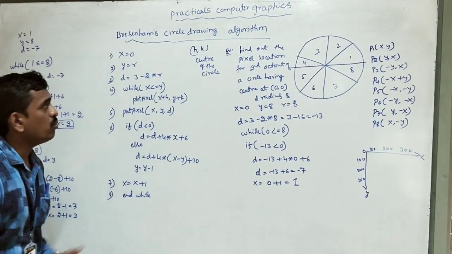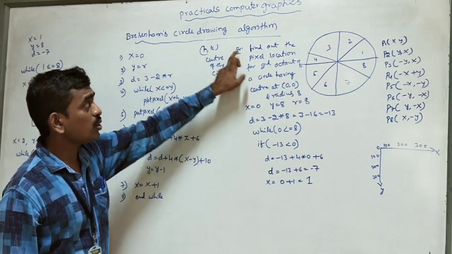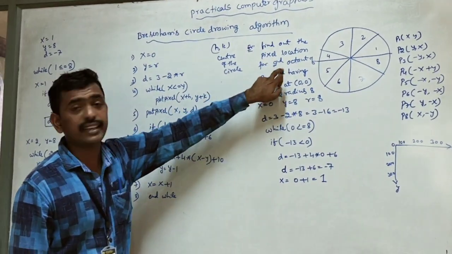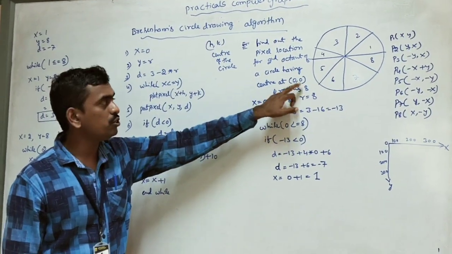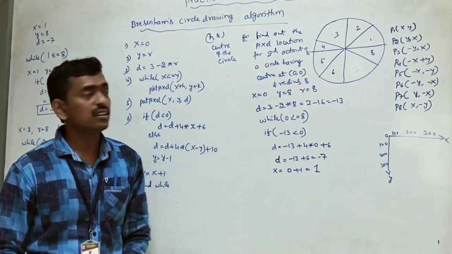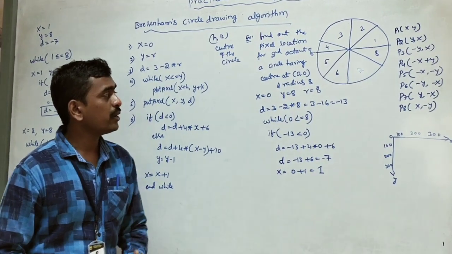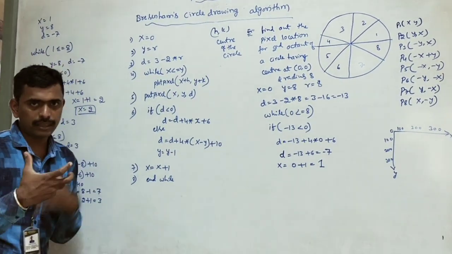One example: find out the pixel locations for the second octant of the circle having center at 0, 0 and radius 8. The point is already given here.